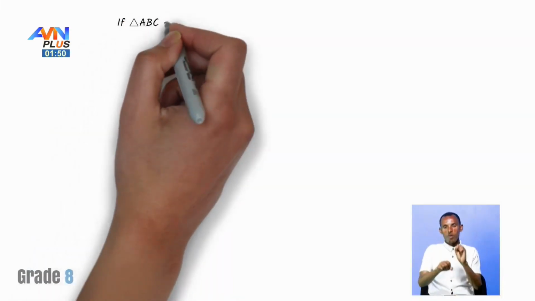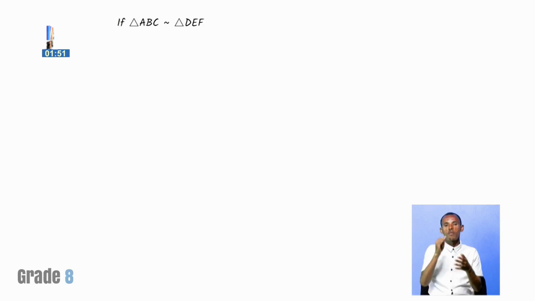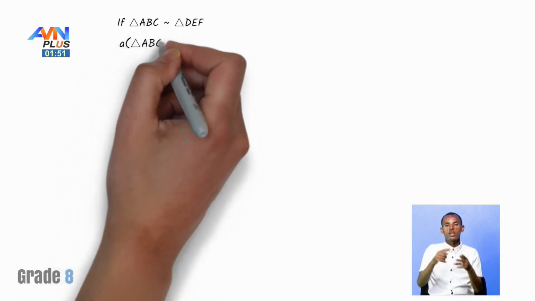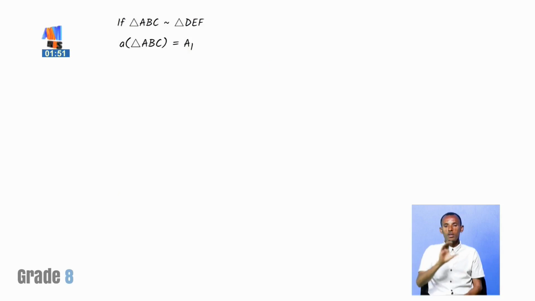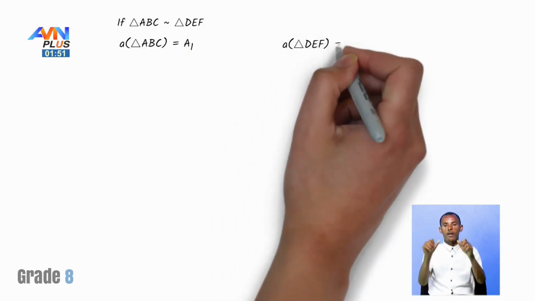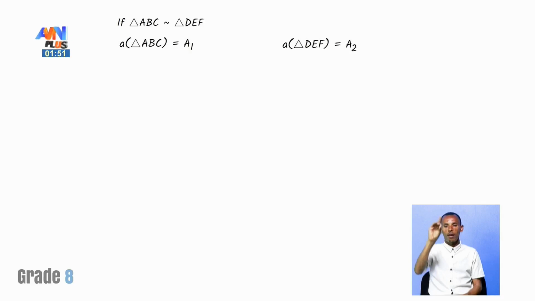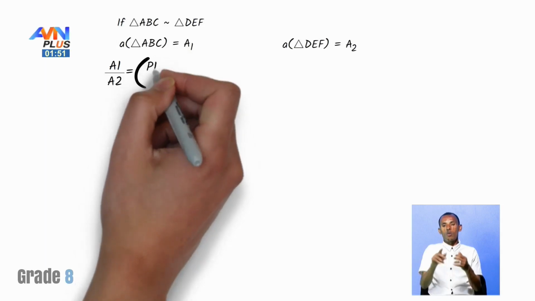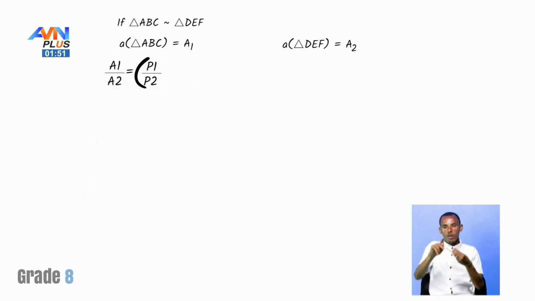If triangle ABC is similar to triangle DEF, where the area of triangle ABC is A1 and the area of triangle DEF is A2, then by similarity of these two triangles, the ratio of the areas A1 by A2 is the same as the perimeter of triangle ABC, call it P1 by P2, the whole square.